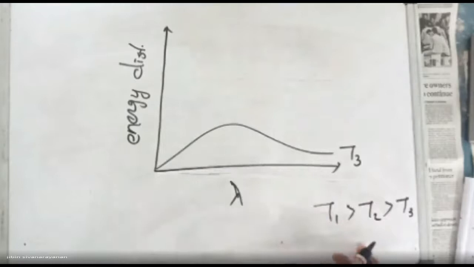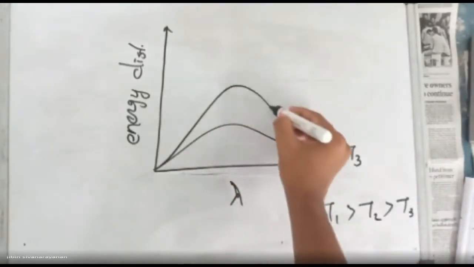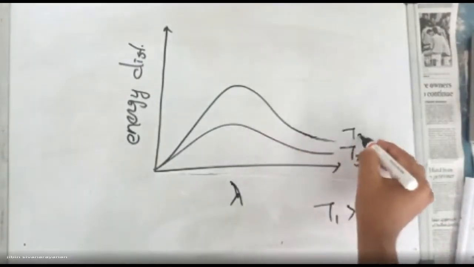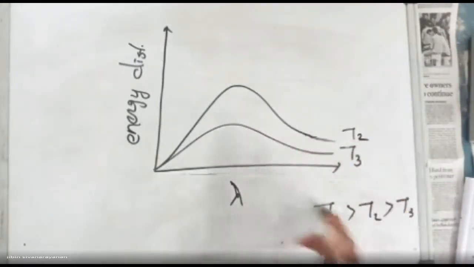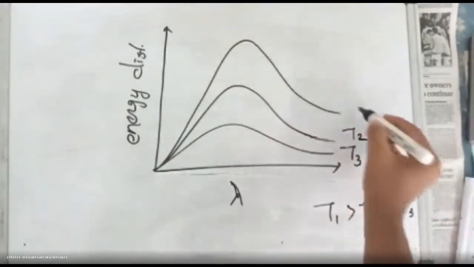If we increase the temperature, the energy level of the emitted radiation will increase. This is T2. And again, I'm increasing the temperature, and the graph will be like this.